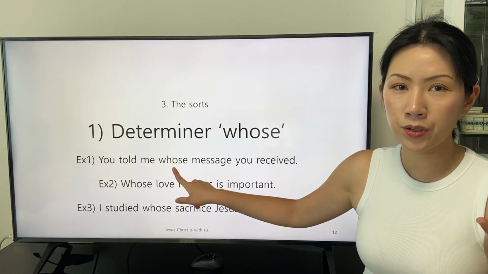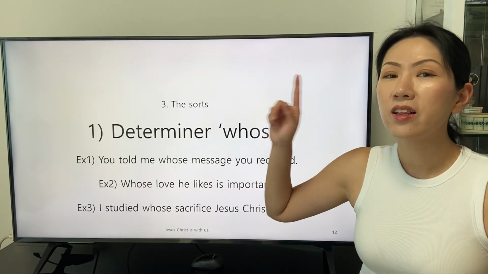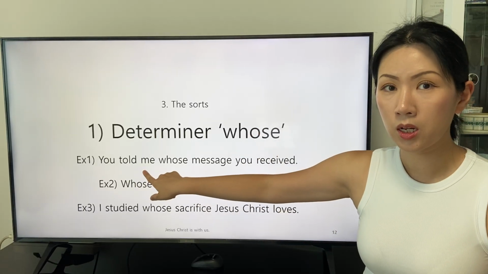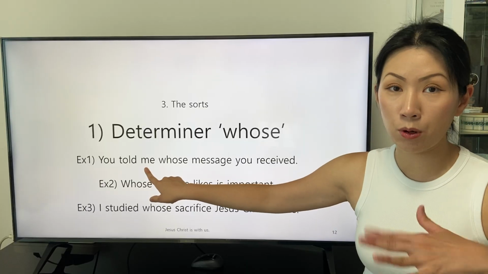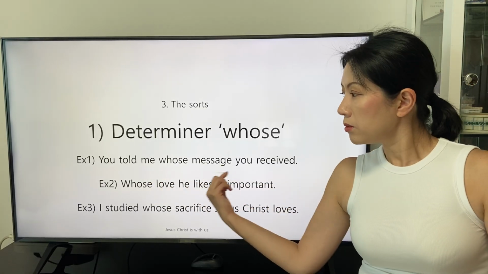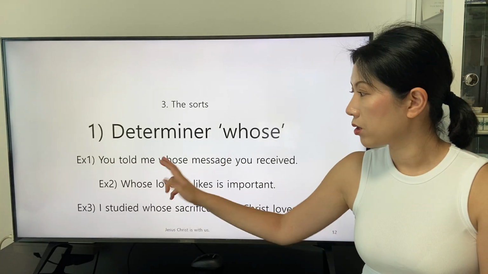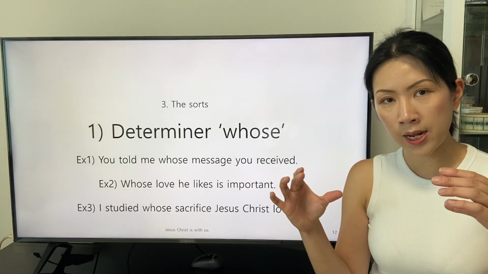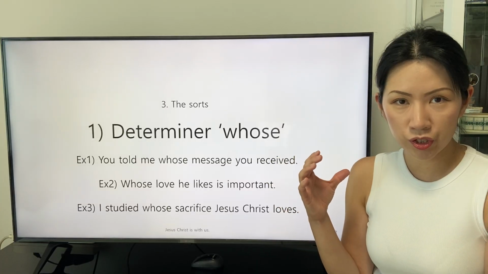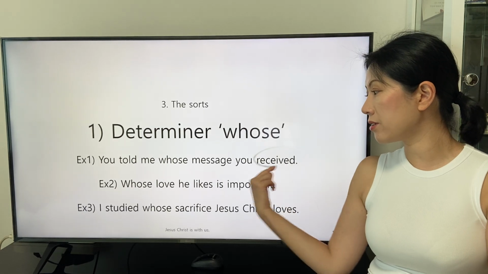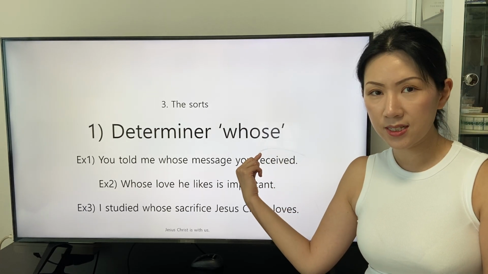So I have to correct my expression, the unstated subject, to the speaker as the indirect object. And in the subordinate clause, this phrase whose message, as the subordinating conjunctive phrase, is the object of the transitive verb received.